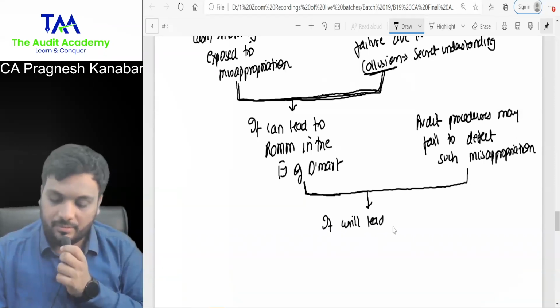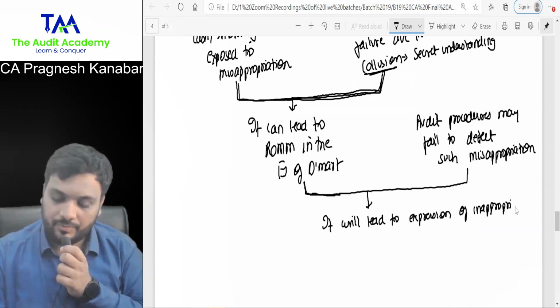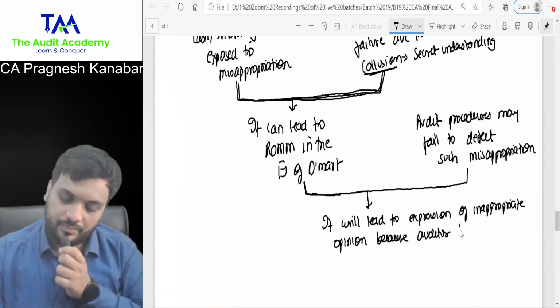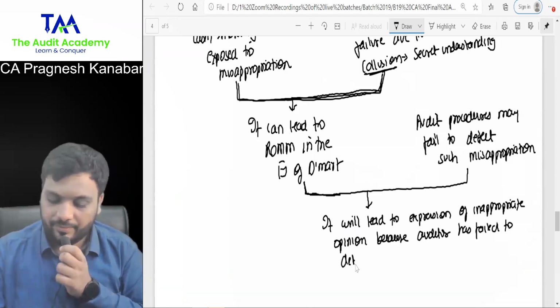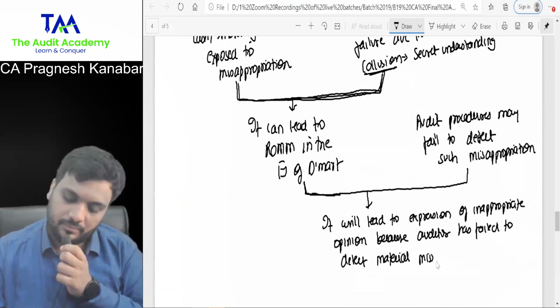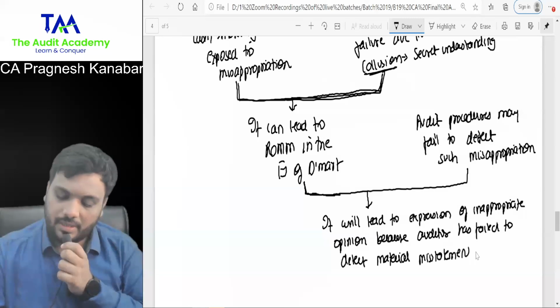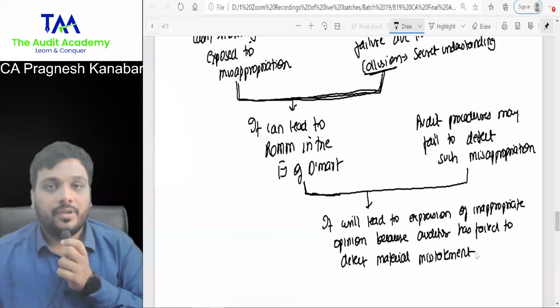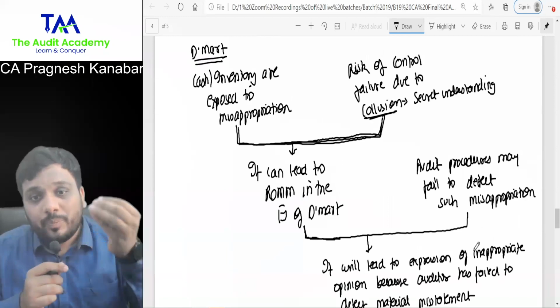It will lead to expression of inappropriate opinion because the auditor has failed to detect material misstatement.